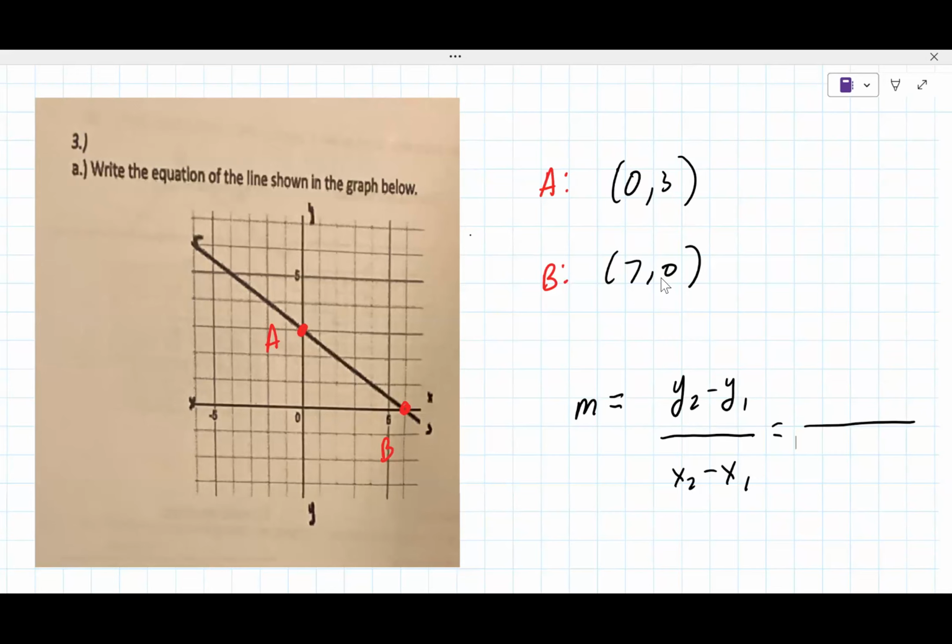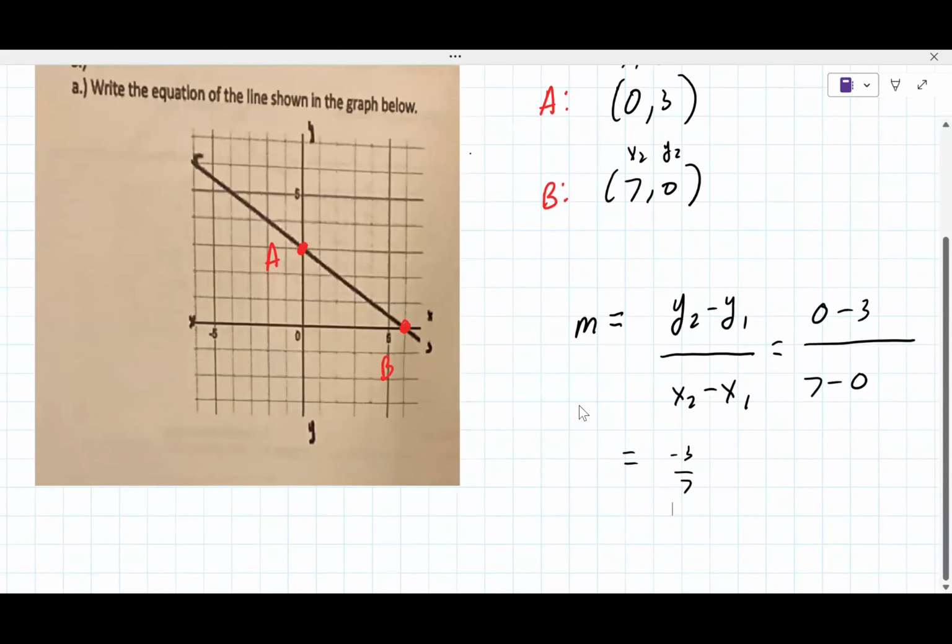Yes, 3/7. That is not correct. As a reminder, this is x1 and y1, x2 and y2. You have to put them into the equation and subtract. -3/7. Is that correct? That is correct. 0 minus 3, 7 minus 0, so the slope is -3/7.